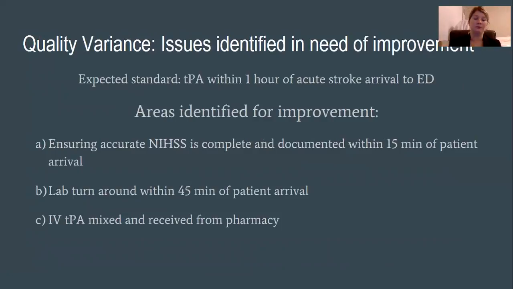The most important: ensuring the accurate NIH stroke scale is completed and documented within 15 minutes of patient arrival, lab turnaround within 45 minutes of patient arrival, and that IV TPA mixed and received from pharmacy has been shown to delay the administration of TPA. So all three of these need intervention in order to improve the door to needle time of TPA.